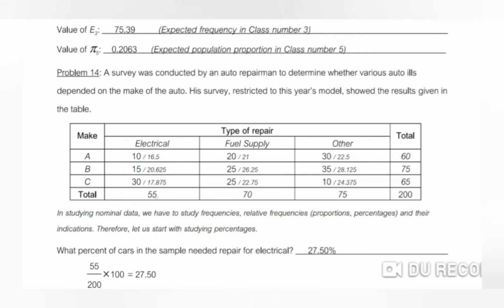This is denoted by capital C1, column 1 total frequency. C2, column 2, total frequency 70. C3, column 3, total frequency 75. C1 plus C2 plus C3 is equal to n, 200, and so on.